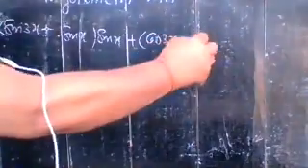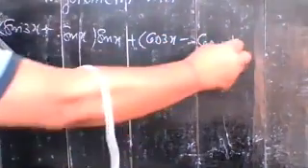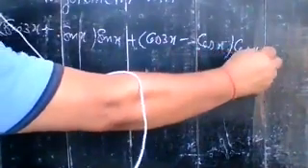Prove that (sin 3x + sin x) into sin x plus (cos 3x minus cos x) into cos x is equal to 0.